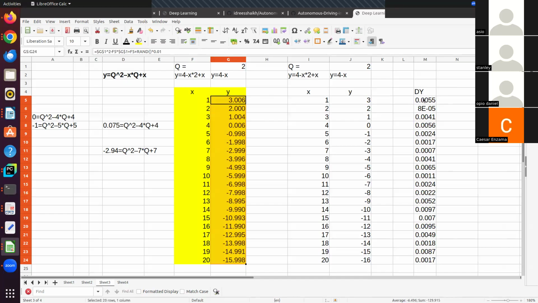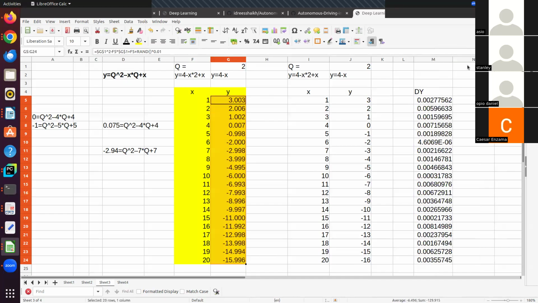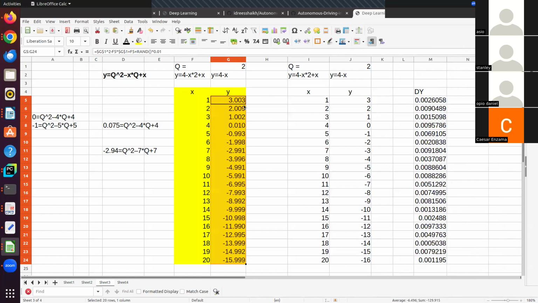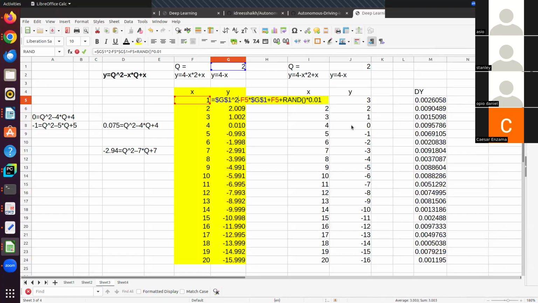No, I'm not getting any negative. I would expect some of those to be negative. This is random. They are all positive here.